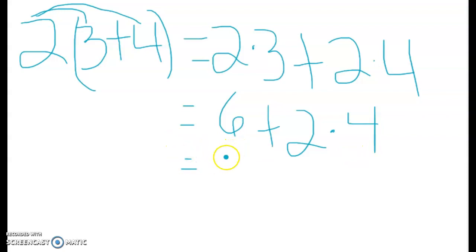We're going to leave our 6 down and just leave it alone. Bring our plus sign down. Now we have 2 times 4, which is 8. Now we get our answer to our problem: 6 plus 8 is 14. So there's our first problem.